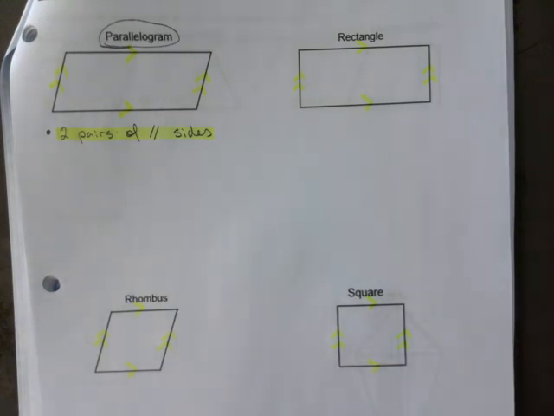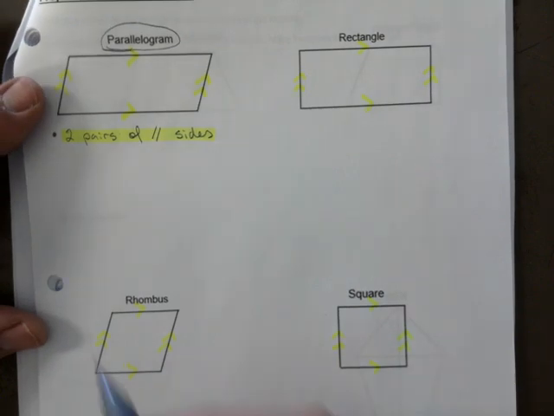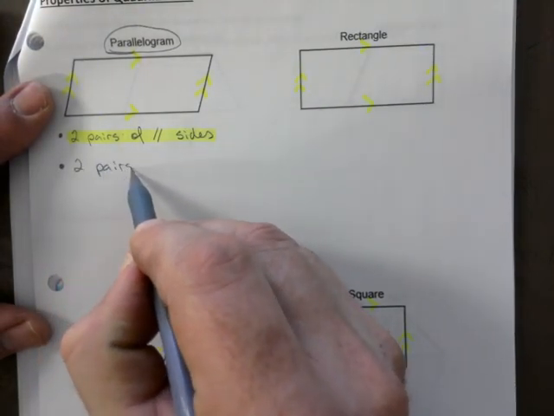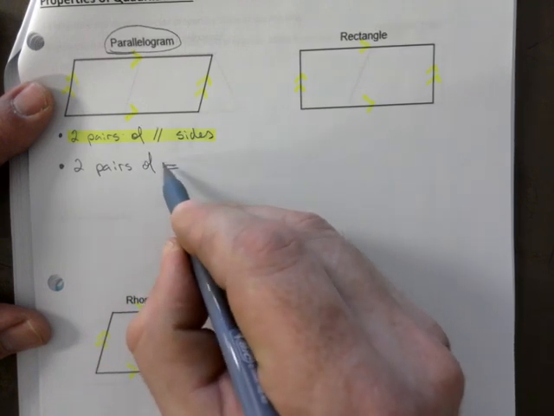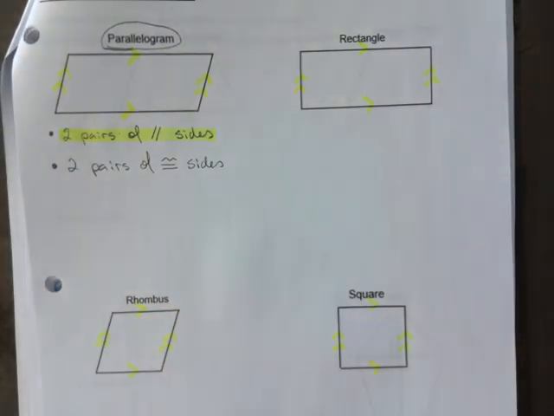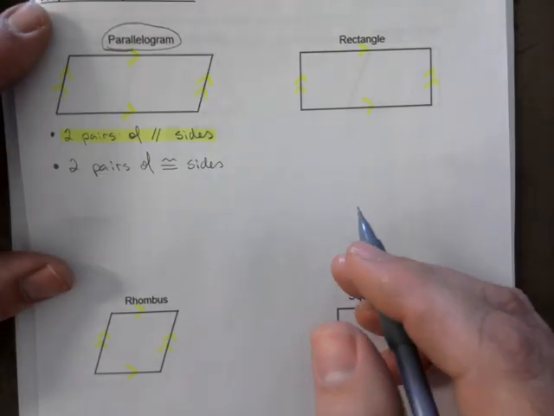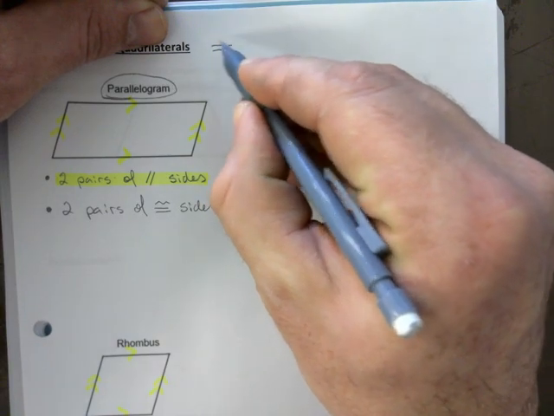Okay, done. The next property that's true for all of them is this one. Two pairs of congruent sides. What does congruent mean again? Anybody? Maybe I should specify that. Let's put that symbol up here.